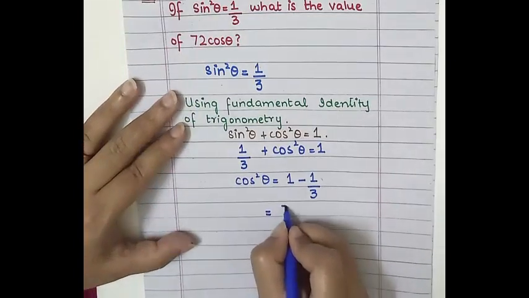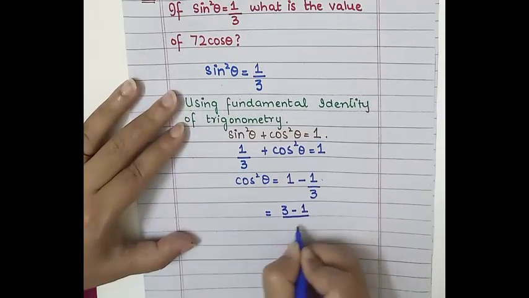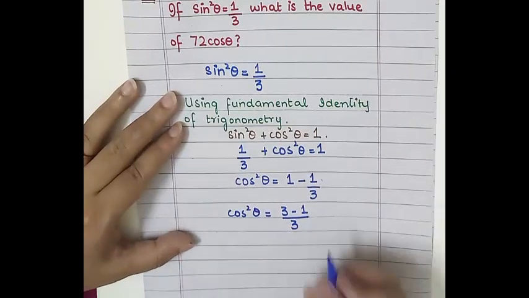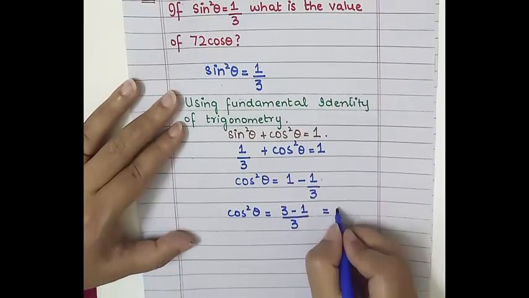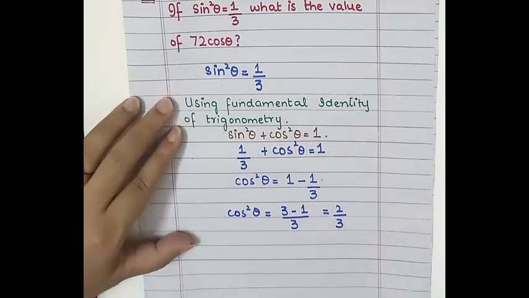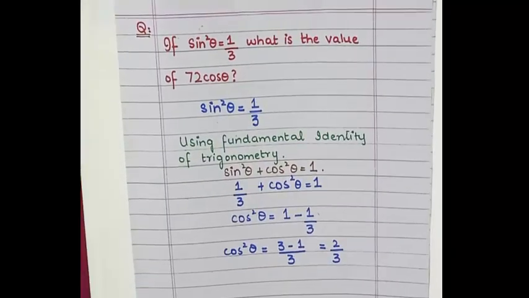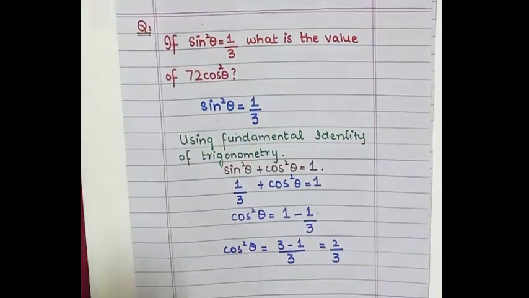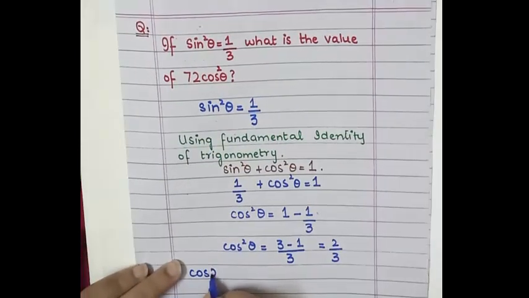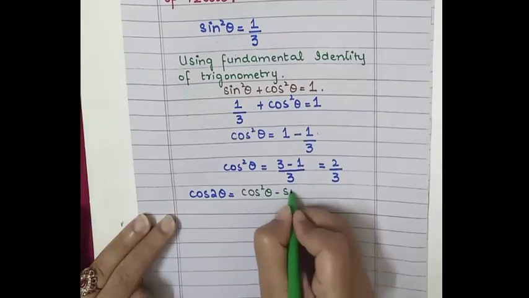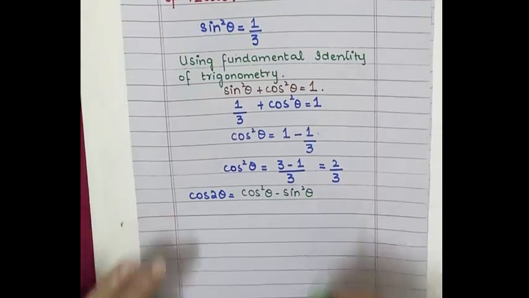Now taking the LCM, we have 3 minus 1 is 2, so 2 over 3. This is the value for cos square theta. Now we have to find the value of 72 cos 2 theta. So cos 2 theta is equal to cos square theta minus sin square theta.